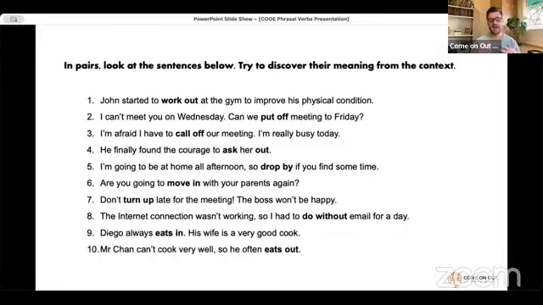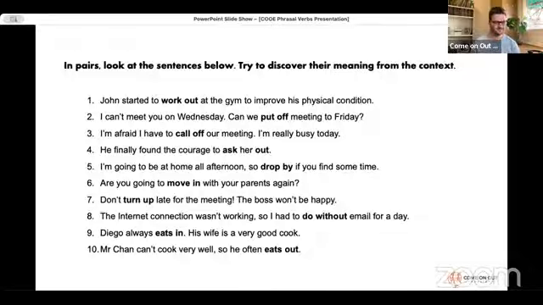Here we have some new but very popular phrasal verbs. What I want you to do is to read the sentence and tell me what you think is the meaning of each of these phrasal verbs? Just write it down in the chat or on a piece of paper, and let's see how many of these you actually know.